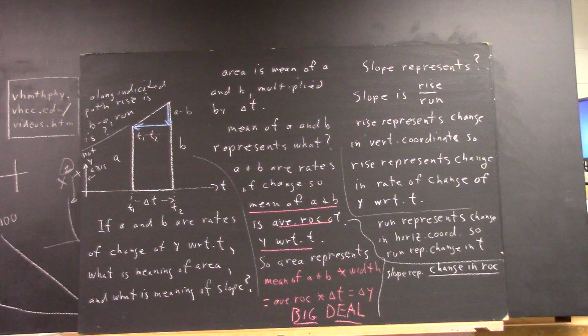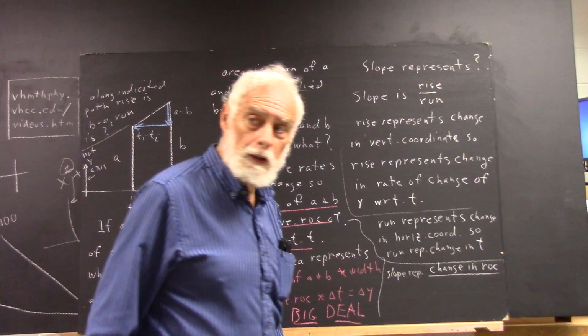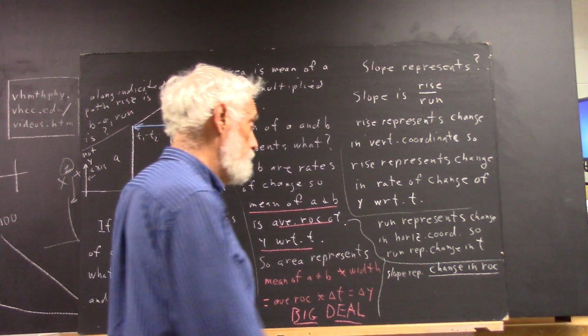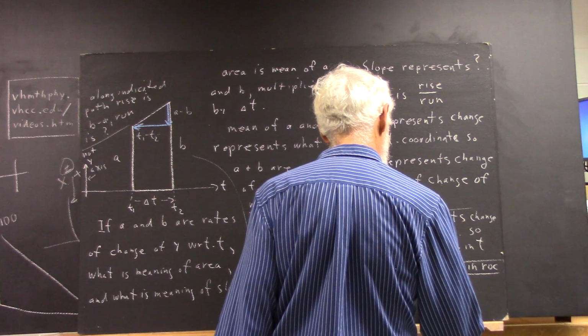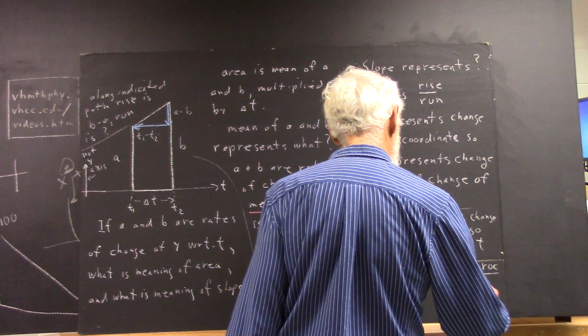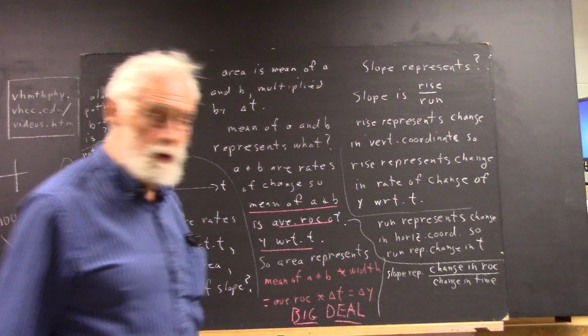Not the change in y, is it? No. Because A and B don't represent y values. They represent rates of change. Okay, so it's the change in the rate of change divided by what? Change in time, right?